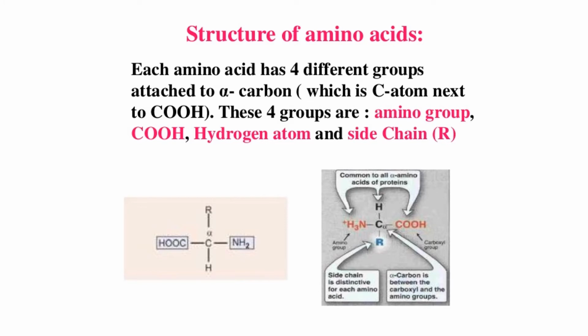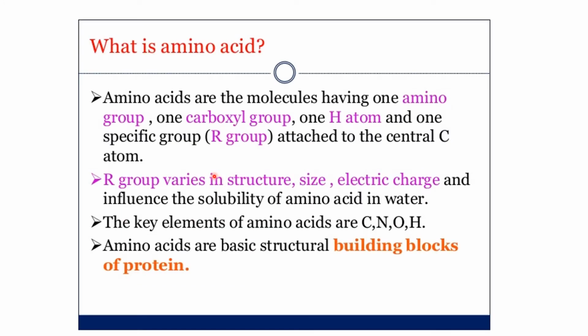Okay, next. Now actually, what is an amino acid? Just briefing again. An amino acid is an organic molecule made up of one amino group, one carboxylic group, one hydrogen atom, and one specific group, the R group, attached to the central alpha carbon atom.